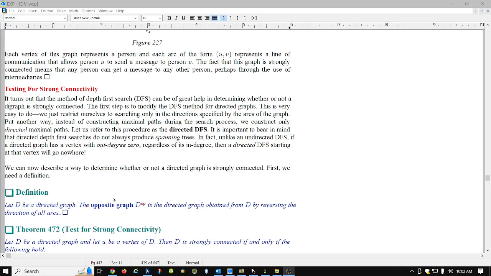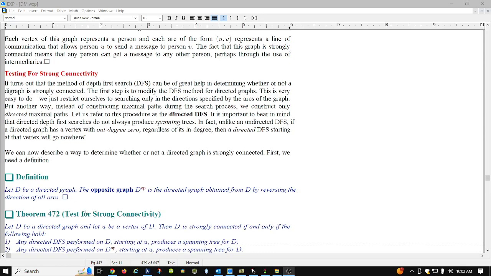And for that I need a definition. Suppose D is a directed graph. The opposite graph, D op, I'll call it, is the directed graph obtained from D simply by reversing the direction of all the arcs.